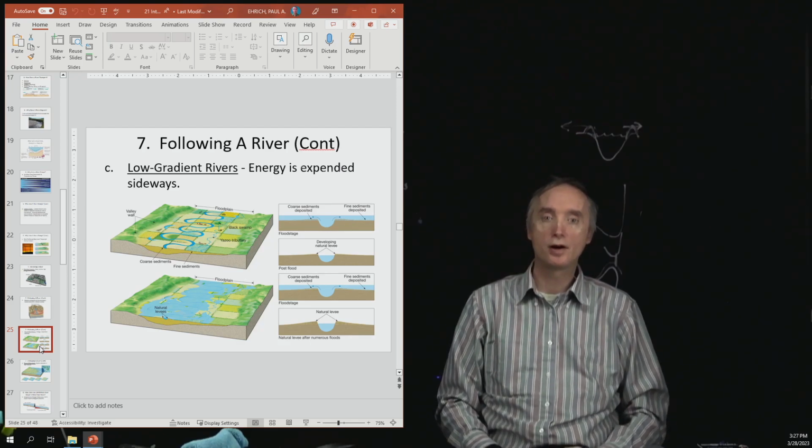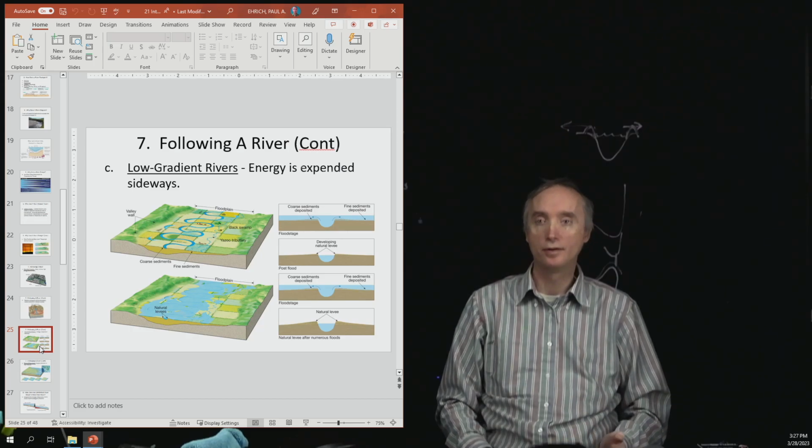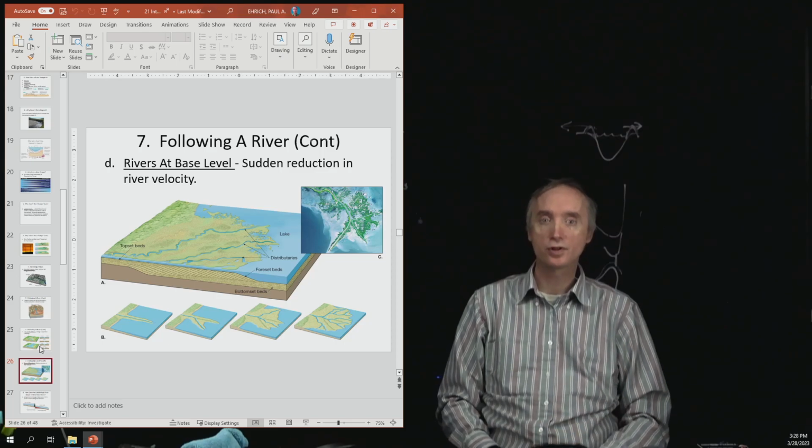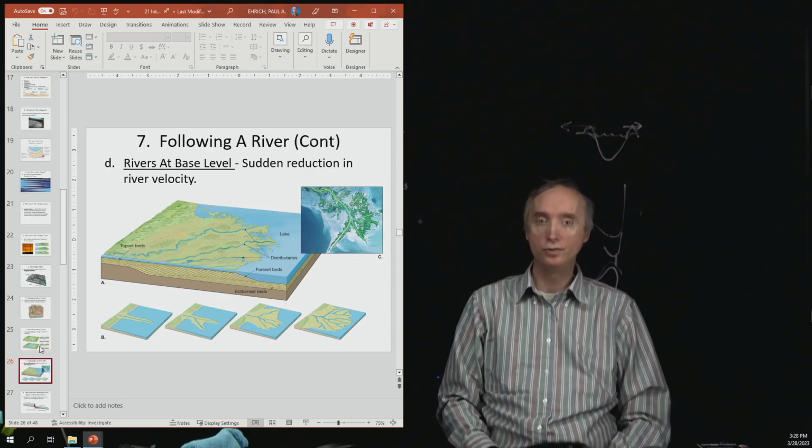So that's another property of these kinds of river landforms.